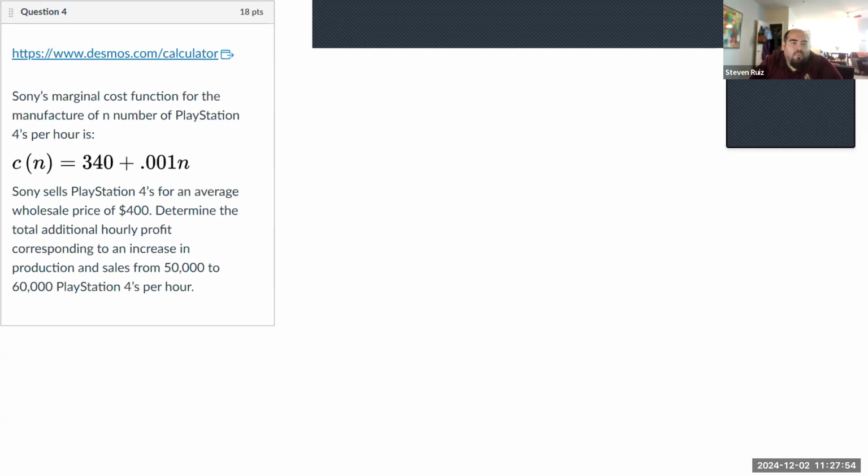So what we want to find out is the total additional profit from this marginal cost function. There are actually a couple of steps we have to do here before we can just integrate that. So I want to find the total profit. What I have here is marginal cost.